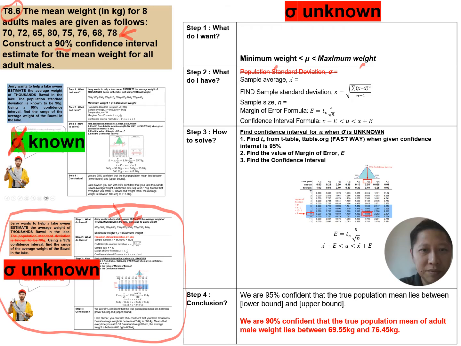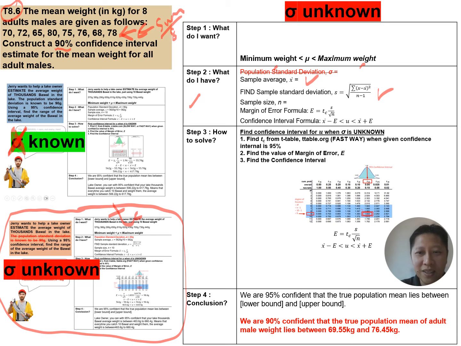Step number 2, what do we have? Do we have the sample average? No, we don't have it right now. However, we can sum up these 8 numbers and divide by 8, and we can get our sample average. We also want to find the sample standard deviation.